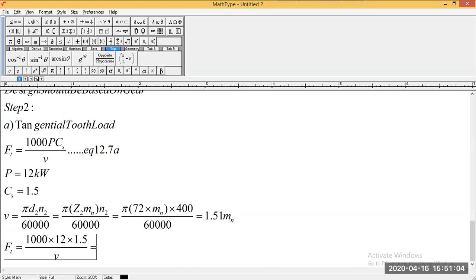So this is equal to all of this. It is 1000 into 12 into 1.5. So this is 18,000 over this value here, 1.51 Mn.